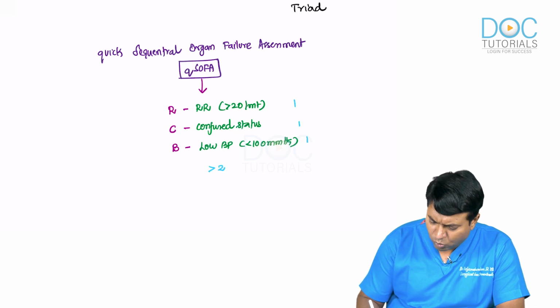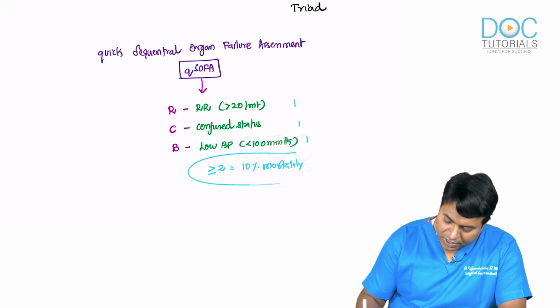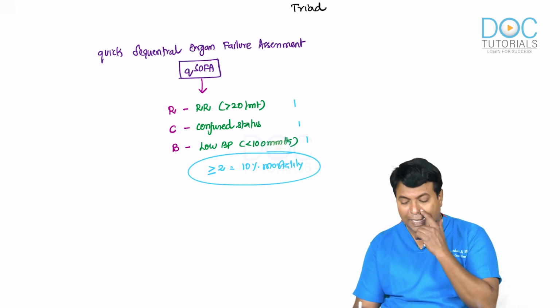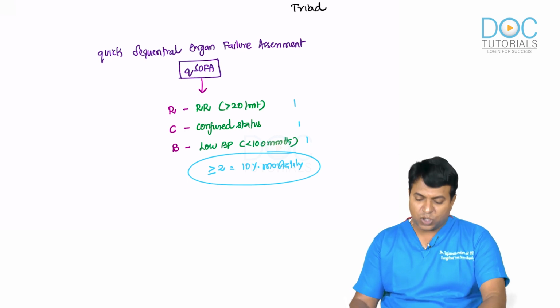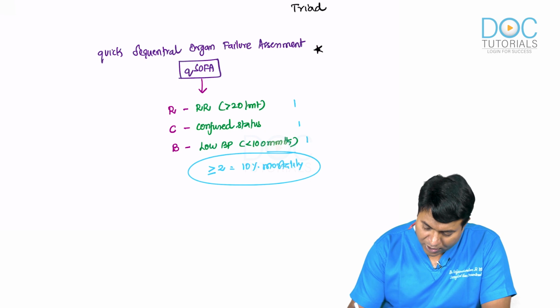If the score is more than or equal to 2, there is 10% mortality. This scoring is used mainly to predict the mortality in sepsis, septic shock. Please remember that point.